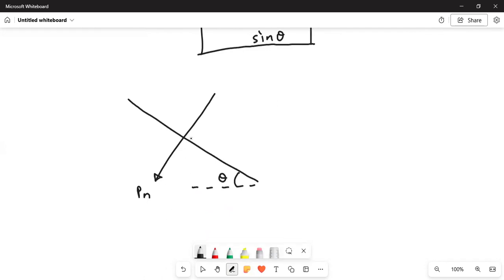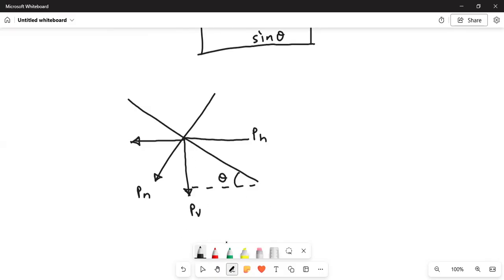And here the horizontal pressure is acting, that is Ph. And the vertical pressure acting is Pv.